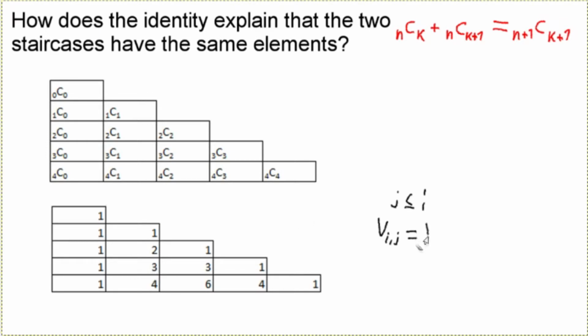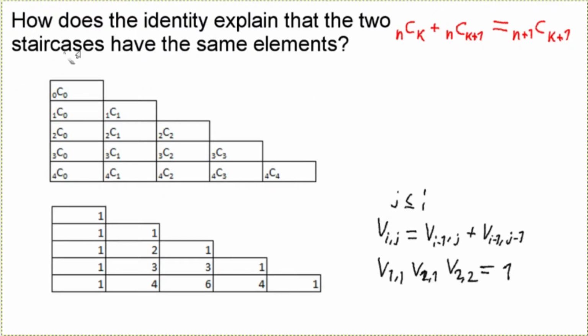So we have V_ij = V_(i-1,j) + V_(i-1,j-1). We also know that the first three boxes must be 1. So we see V_0,0 = 1, V_1,0 = 1, V_1,1 = 1, and V_2,1 must be equal to 1.